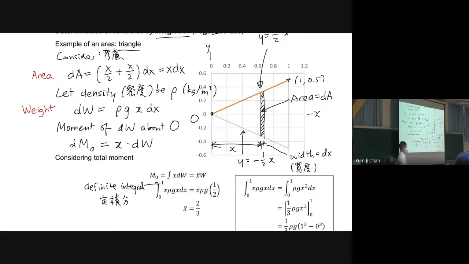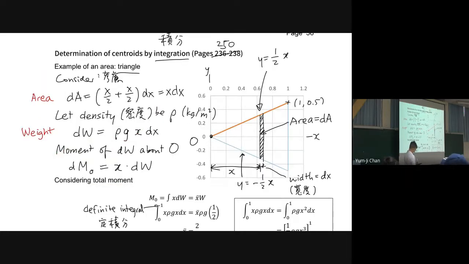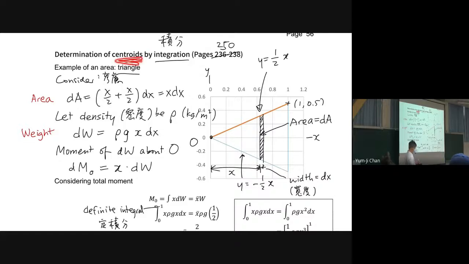Now, when we talk about center of gravity, or centroid, we always talk about moment, right? So we look at the moments here.